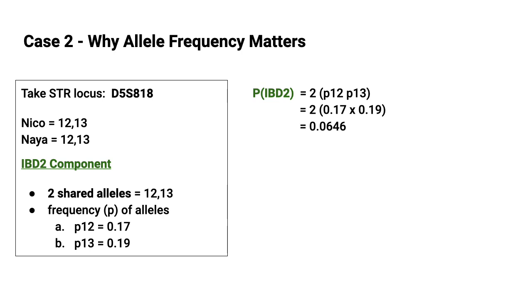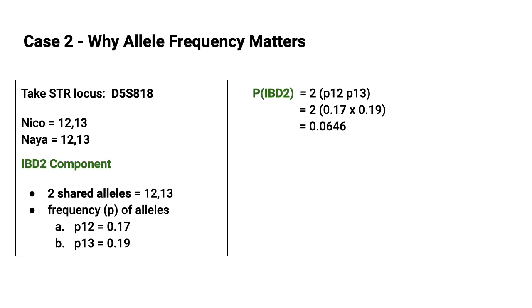Let's take case number 2. We take a particular locus, D5S818, where Nico has the alleles 12 and 13 and Naya has the alleles 12 and 13. Now let's compute this by component.